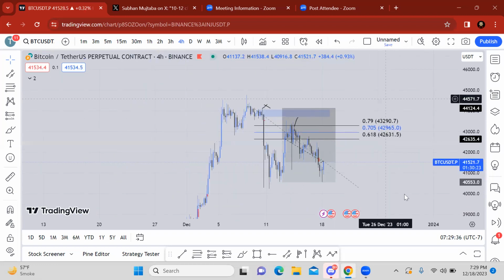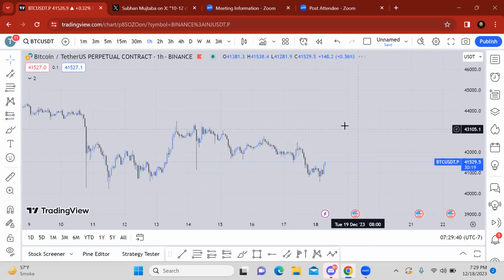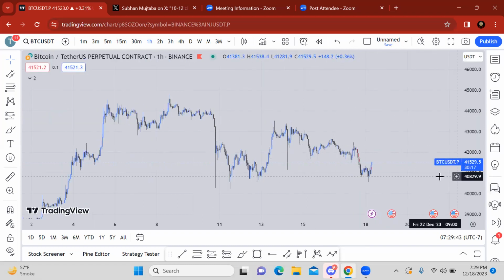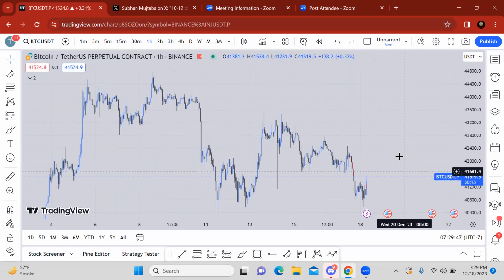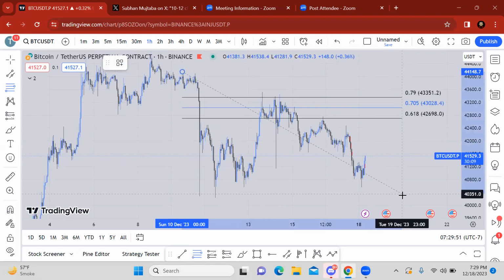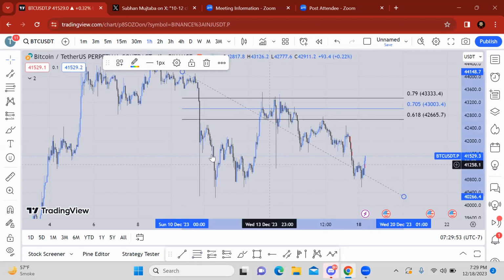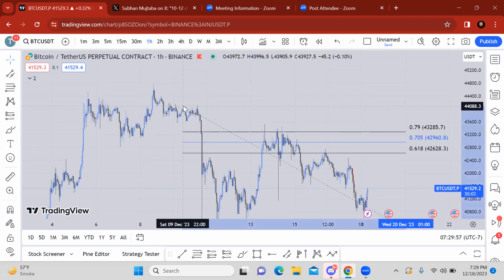Now I will show you a few examples of how this works. That was on H4. Okay, and you have to mark this. This is the H4 impulse wave here.